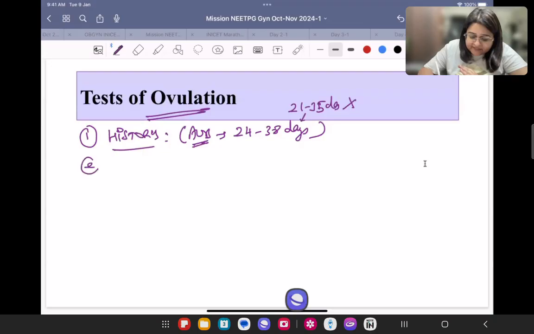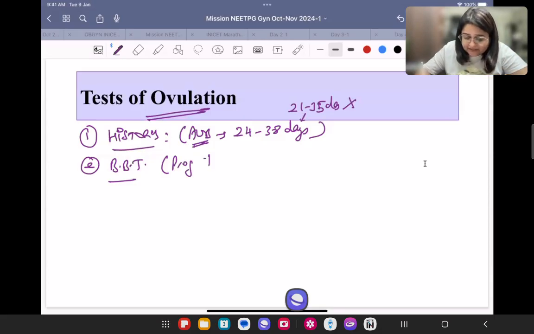Okay? Second, what are the other tests of ovulation? The other tests could be a basal body temperature test. We will discuss this in infertility, natural causes of contraception, natural family planning methods, basal body temperature. What happens? After ovulation, progesterone rises.